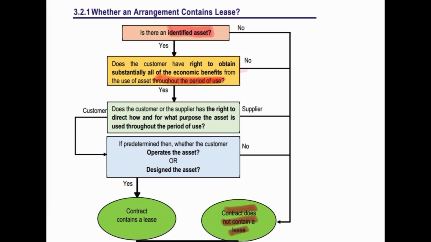If the customer can direct, then you have to ask the next question. If predominant, then whether the customer operates the asset and or designed the asset. If these two are met, then the contract contains a lease. If these two are not met, then the contract does not contain a lease.